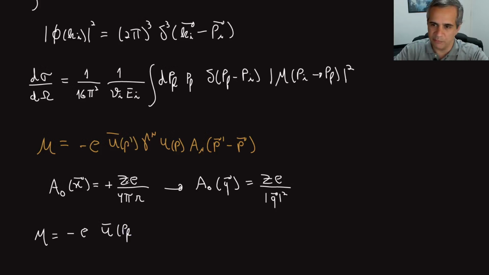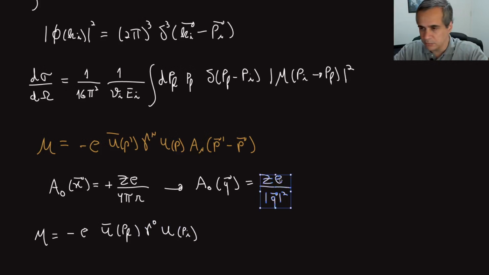I was calling the final momenta P prime and P. I'll just change to the same language I usually use in phase space, so I'm calling this PF now, gamma 0, u pi, right, times this guy.